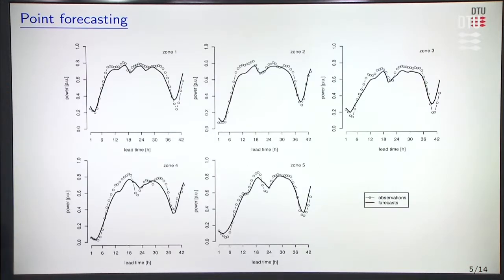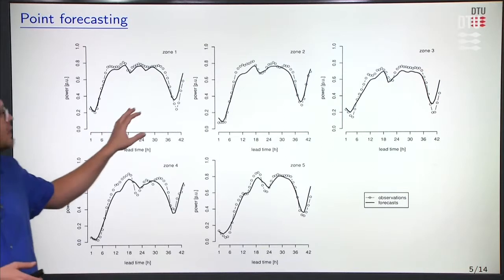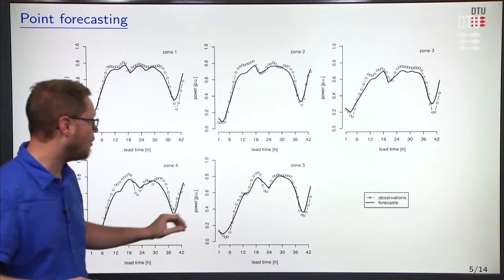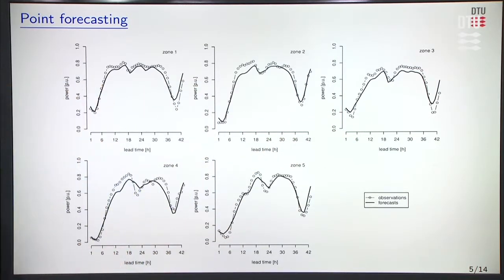If we were to issue point forecasts for these various areas, we have the 5 zones that we've defined before, zone 1, 2, 3, 4, 5. You see that we have these single trajectories for each and every zone. We can compare them to observation a posteriori.